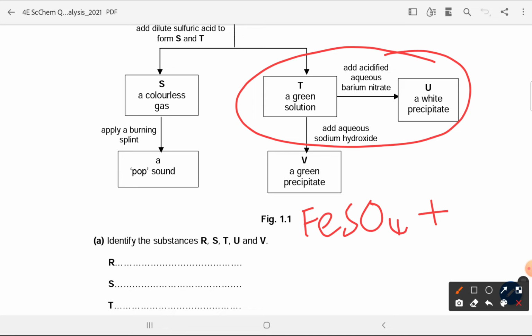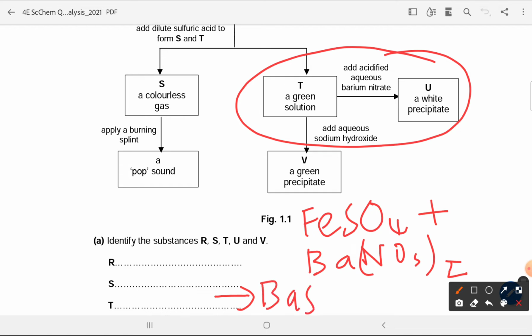But in this case, you don't write the acid, you write the barium nitrate, because the acidified is in case carbonate ion is present. Then you get barium sulfate plus iron(II) nitrate.